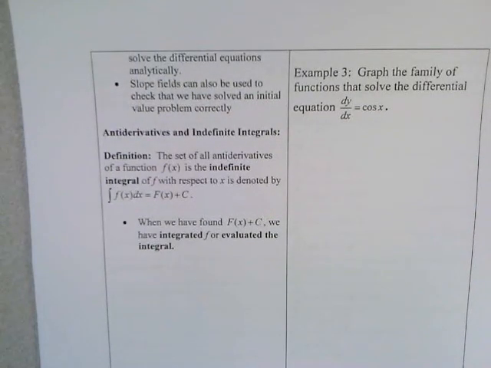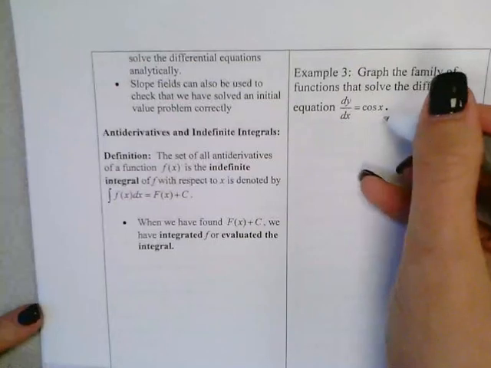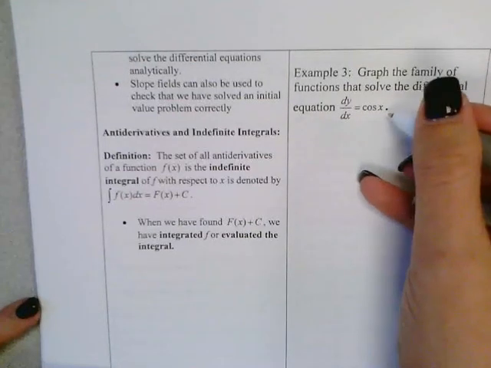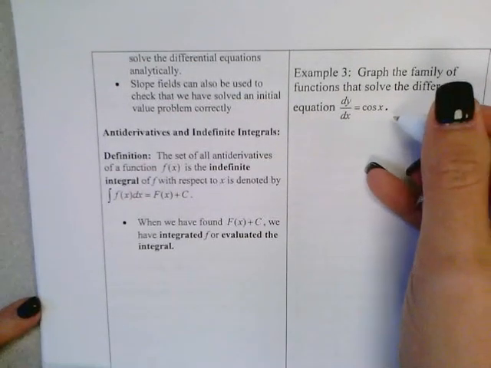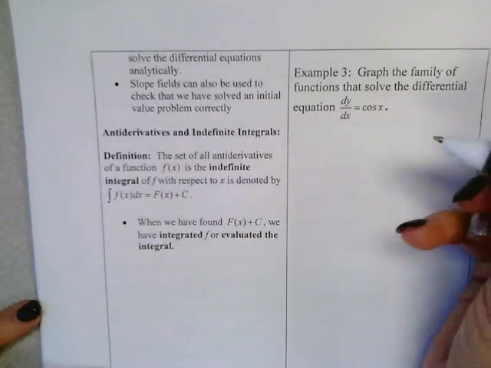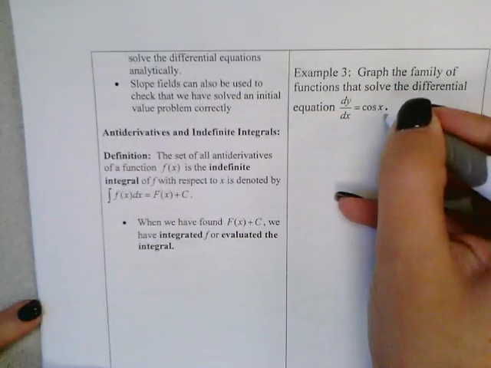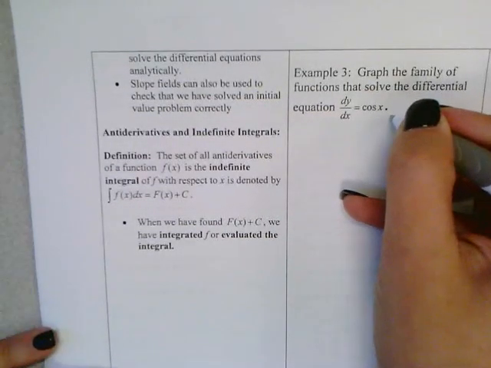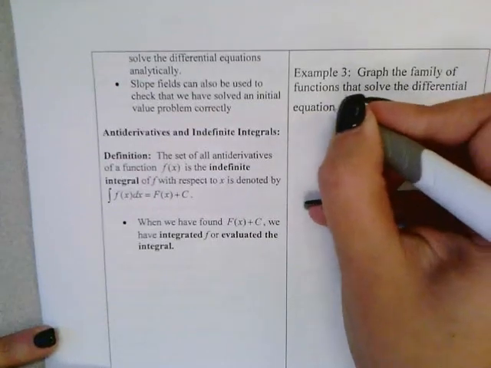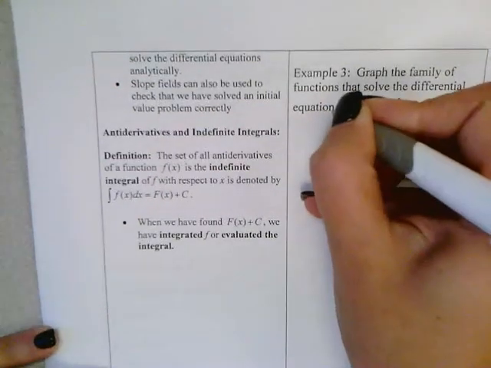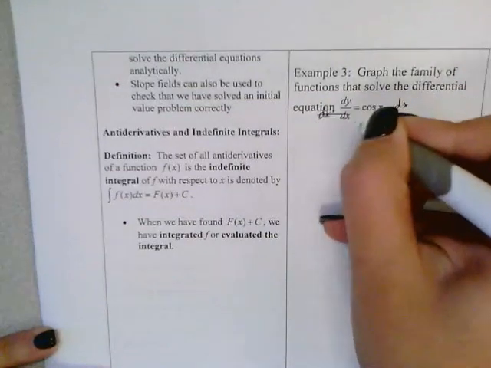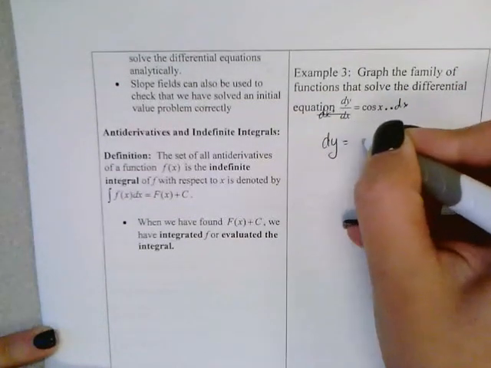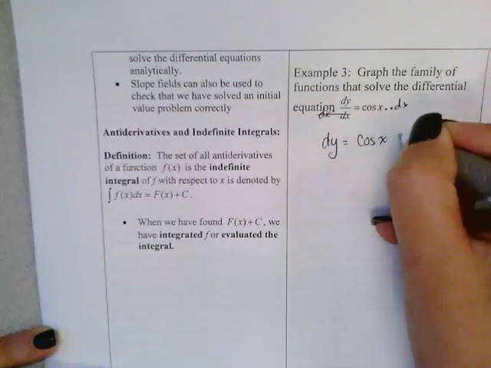Alright, so I'm going to set you guys up for this, and then if you can figure it out, it is actually an example in the textbook. So I would recommend that you look at the textbook and try to figure out what it's saying. But basically what you're going to be doing is finding the antiderivative, because remember, if you multiply both sides by dx, this is really saying dy is equal to cosine of x dx.